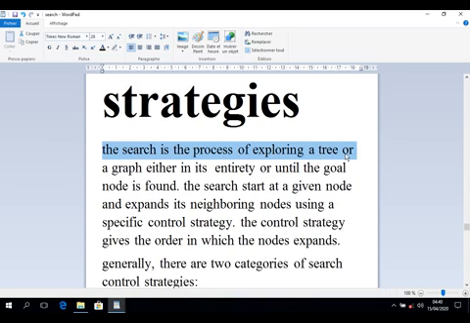Now, to select applicable rules, it is critical to have an efficient procedure for matching rules against states. How to represent each node of the search process. So that is another issue.